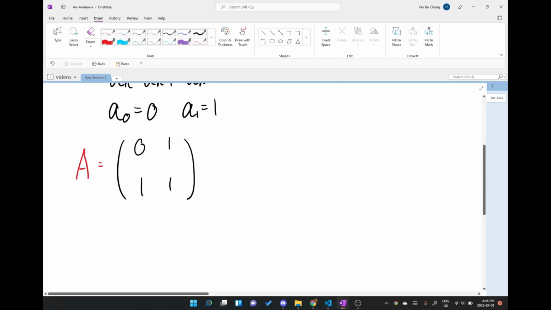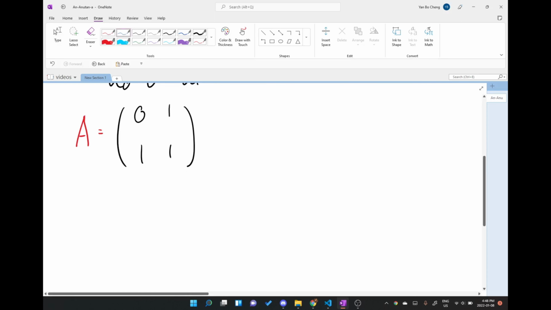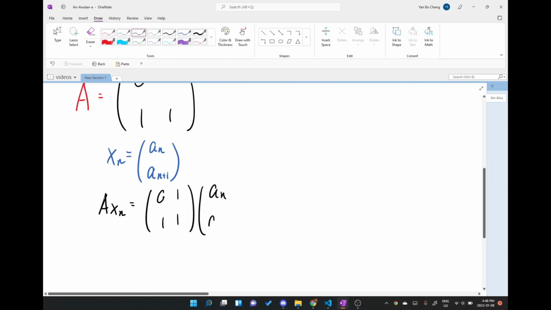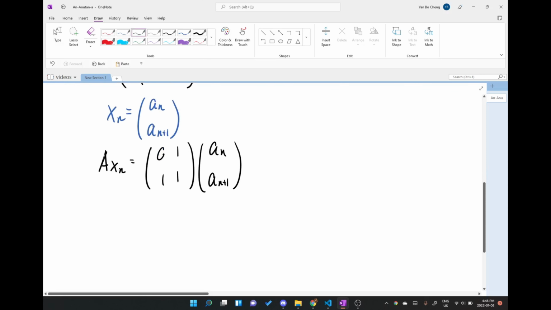If we were to consider, let's say, a 1 by 2 matrix, let's name it x_n, and we have its entries as a_n and a_{n+1}, and we plug that into A. So we have A of x_n, which is the same thing as [0, 1; 1, 1] times (a_n, a_{n+1}), and what we get is a_{n+1} and a_n plus a_{n+1}.